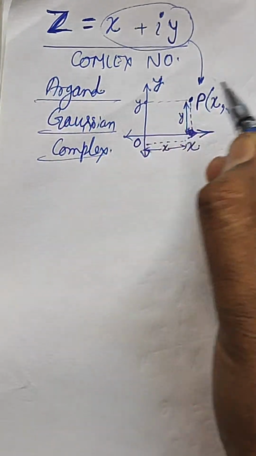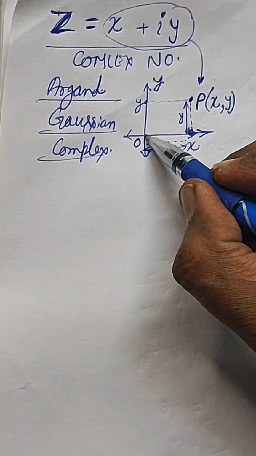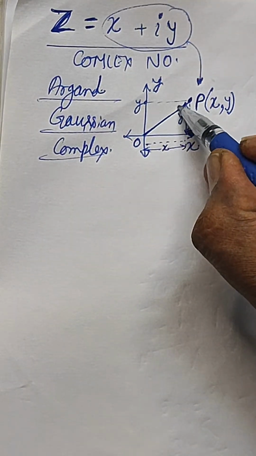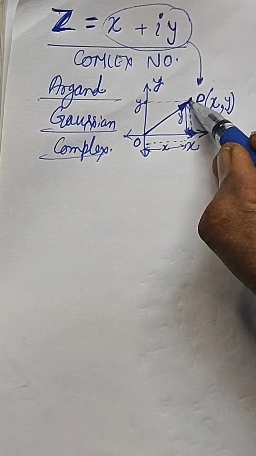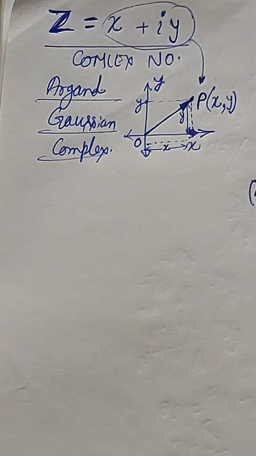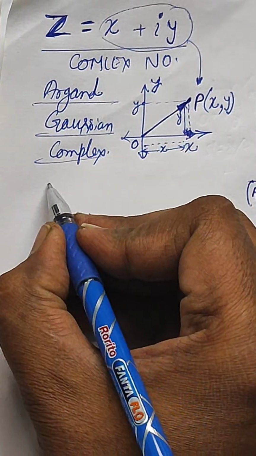So this will be y, right? Now when you connect O to P like this, as we did in our vectors, we get the resultant, or the right angle triangle, by using the Pythagoras. So the length of OP is your modulus.